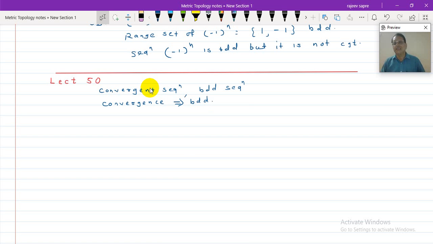Subsequence means what? As with subset, there are many times we have said something like this: subset, subgroup, subring, subspace, etc. So the word sub is there. You have a main sequence, then only you can think of a subsequence. Instead of a sequence, you cannot think of a subsequence. This is obvious. Instead of a set, you cannot think of a subset.